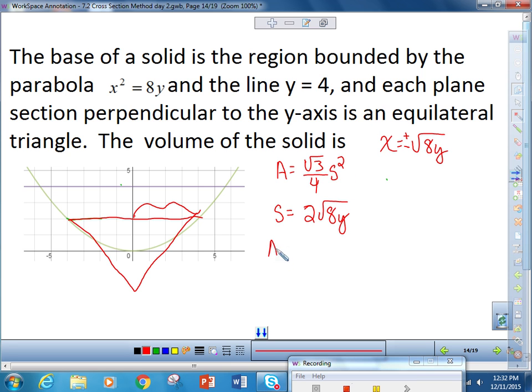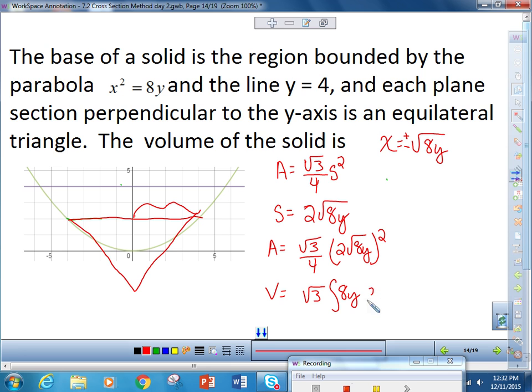So our area is equal to radical 3 over 4 s, which would be 2 root 8y, squared. And so my volume is going to be, okay, we can take out the root 3, 4, and we can take out the 4 here. Can I skip both of those steps and get the integral of just 8y?